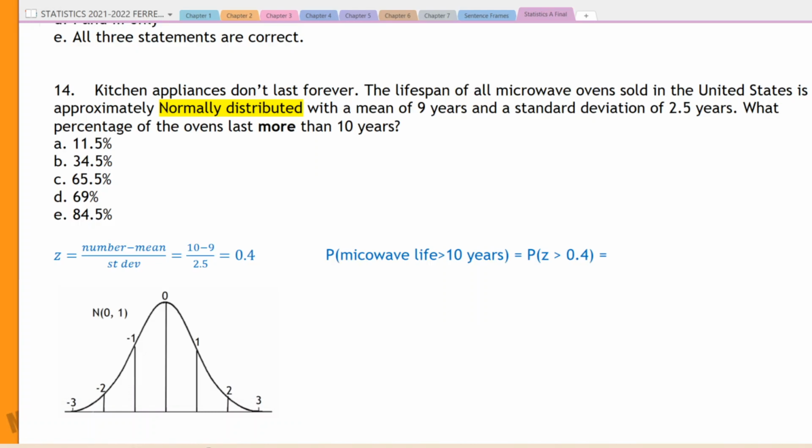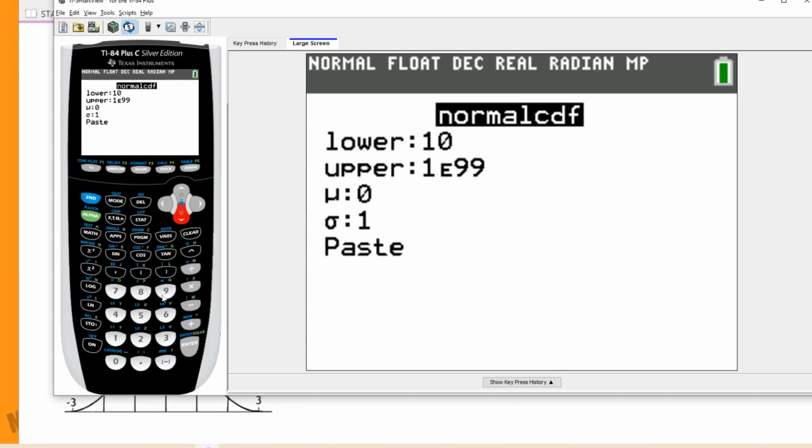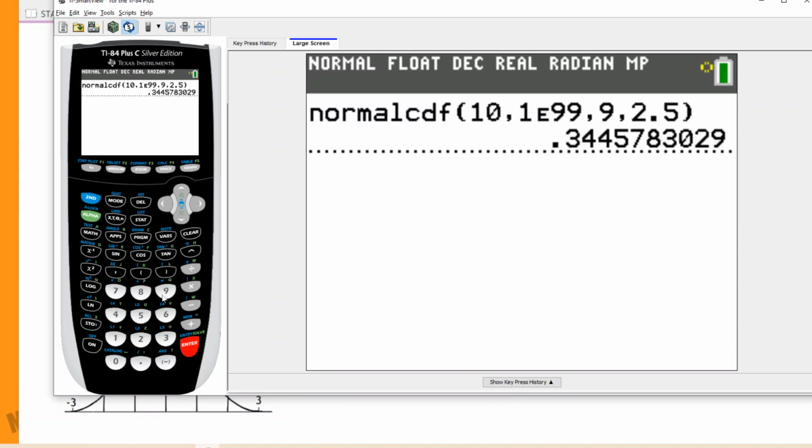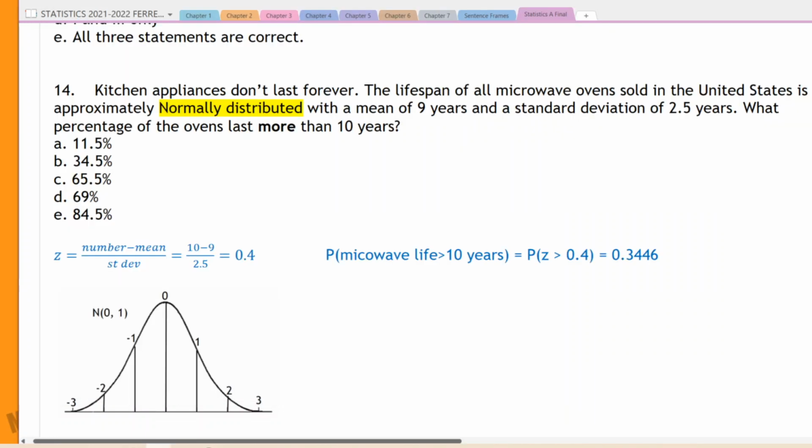The mean is 9. Standard deviation is 2.5. We can paste that, and that gives us about 0.3445.